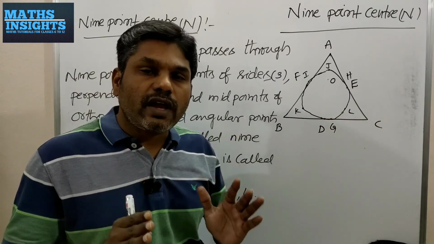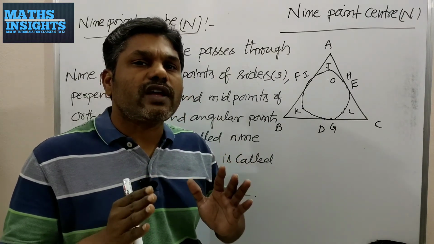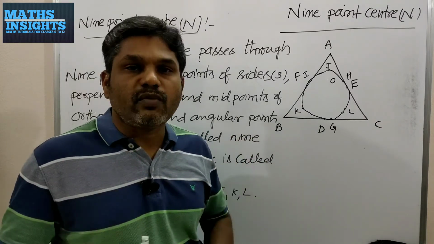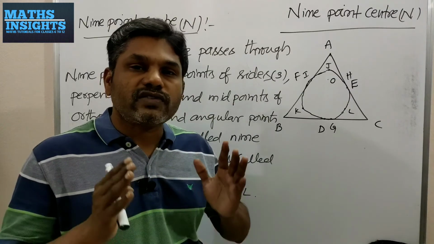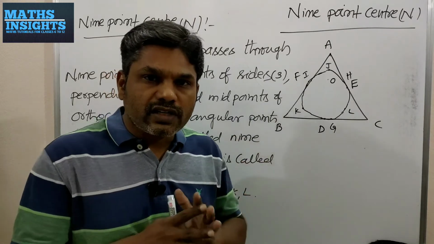If you draw a circle through all these points, the circle will touch all these nine points. That circle is called the nine-point circle, and the center of the circle is called the nine-point center.